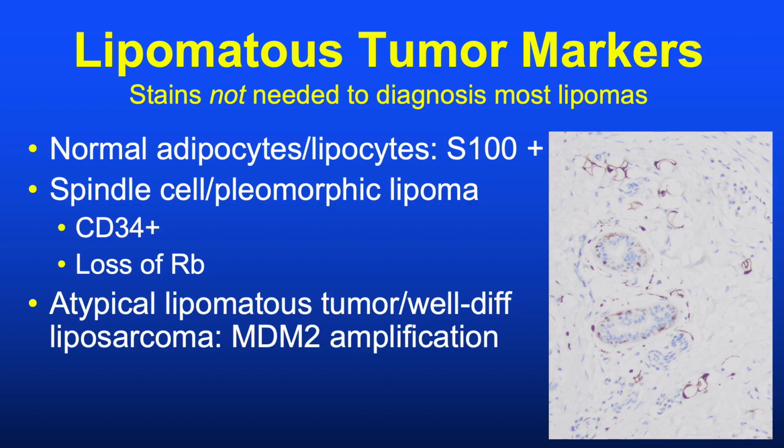The list of special stains for lipomatous tumors is relatively short. As is true for all of these soft tissue tumors, the vast majority of them can be diagnosed without special stains, but S100 would be the basic highly sensitive stain for adipocytes. We can see here, and this is telling actually because I just pulled our S100 control tissue and it does not even include proper subcutis.